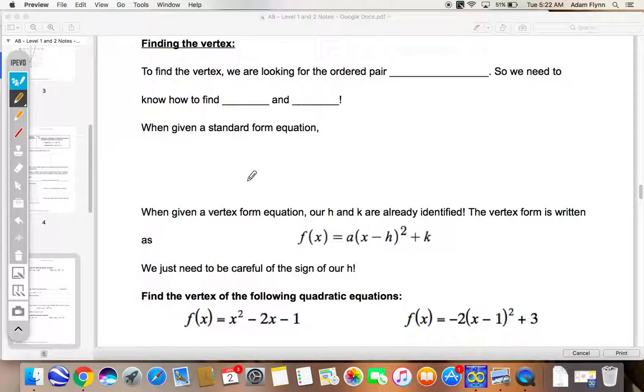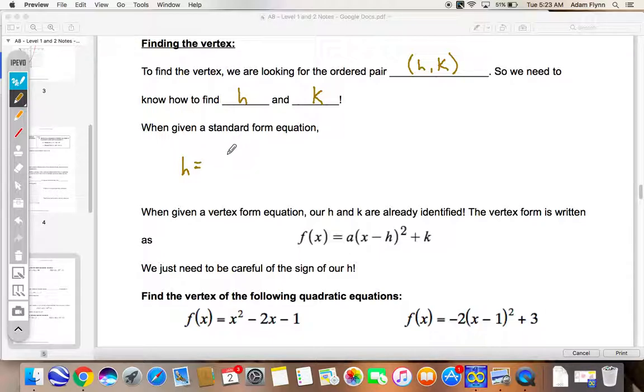Okay, so finding the vertex. When we are trying to find the vertex, we're looking for the ordered pair h, comma, k. So we need to know how to find h and k. When given a standard form equation, it turns out we do something called completing the square, which we don't learn until A10.